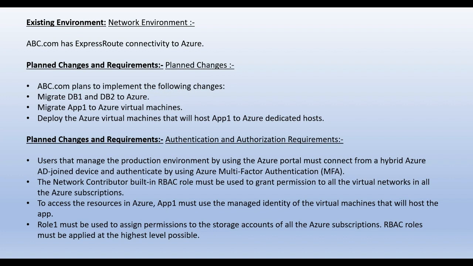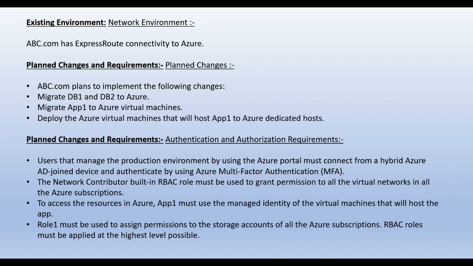Plan changes and requirements: authentication and authorization requirements. Users that manage the production environment by using the Azure portal must connect from hybrid Azure AD joined devices and authenticate by using Azure multi-factor authentication. We already have a conditional access policy regarding this. The Network Contributor built-in RBAC role must be used.